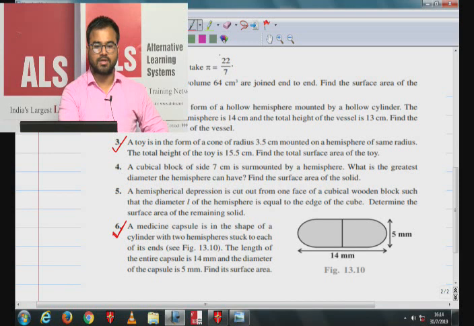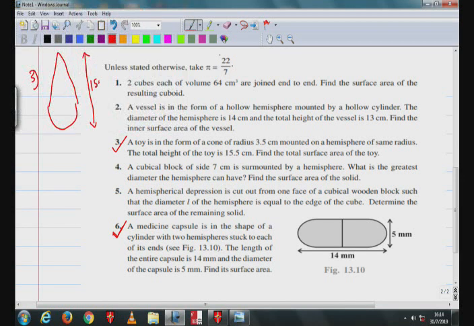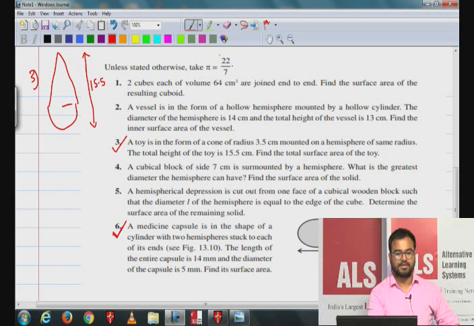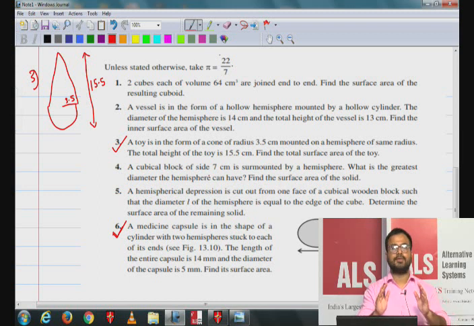So this is the total height, 15.5. Radius is 3.5. This radius is 3.5. So using this, you have to figure out the total surface area of the toy. And total surface area of the toy basically means the curved surface area of the cone and the surface area of the hemisphere.